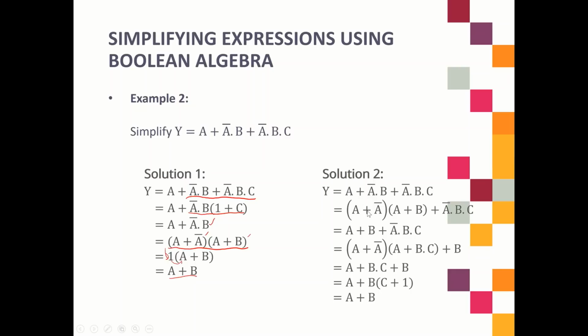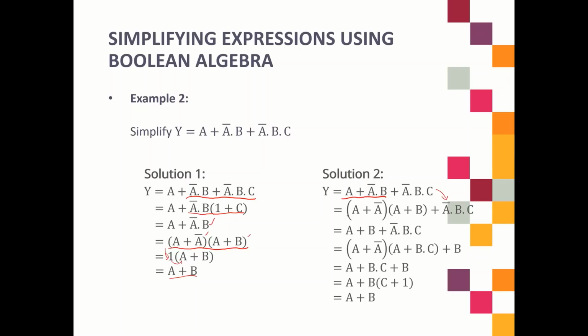Okay, the second solution does not start with factorizing. It starts by applying theorem 10. Actually factorizing is also in theorem 11, but here we use theorem 10 for our first step, between the first two terms, A plus A bar and B. Okay, so A bar and B and C you just drop, or carry over, because that term is not involved in our first step.